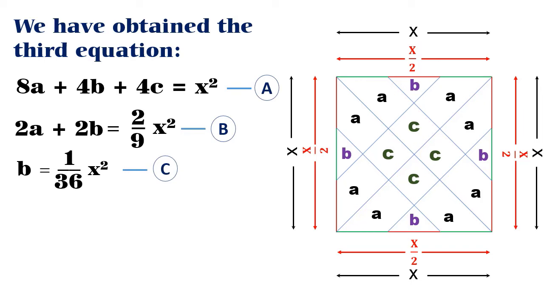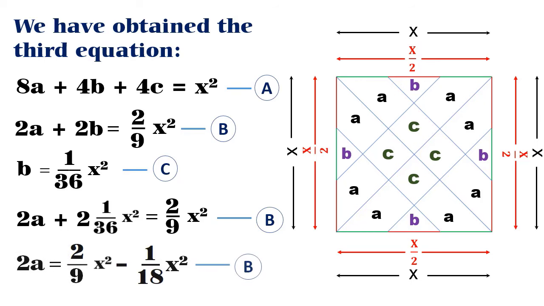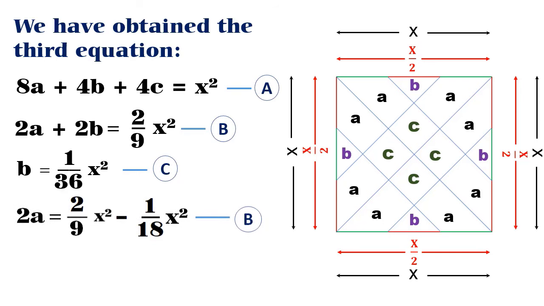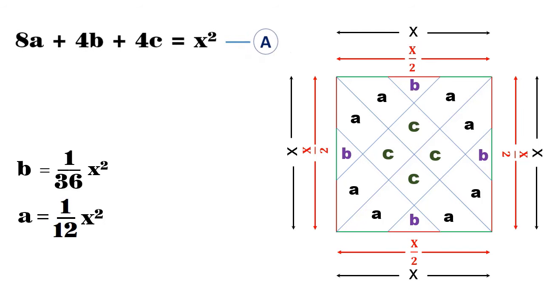Now with these three equations, we can simply put the value of B into equation B, we can get the value of A, and then subsequently we will place the value of A into equation A to get the value of C. So it is just a simplification, just the substitutions of each variable into the other. After that, with little calculations, we found A is equal to 1 by 12 x square.